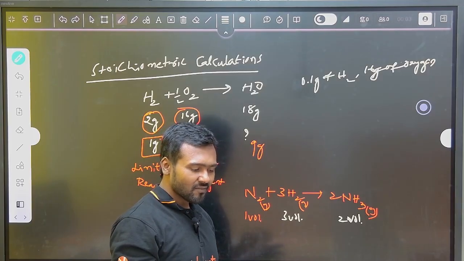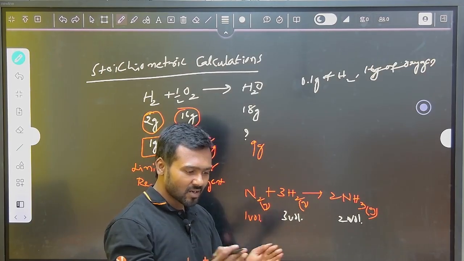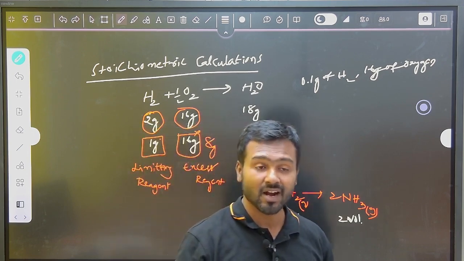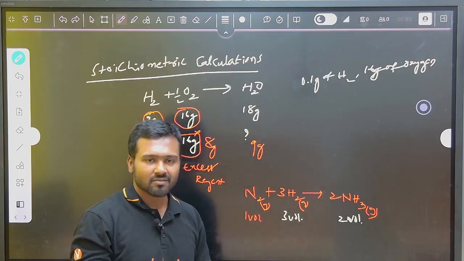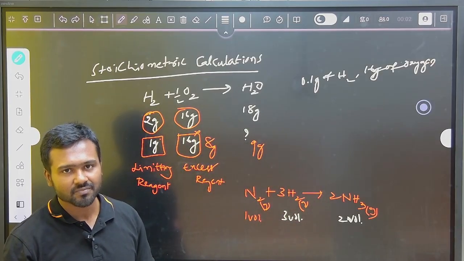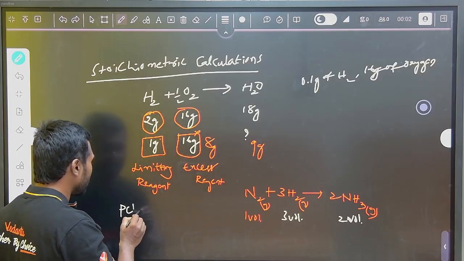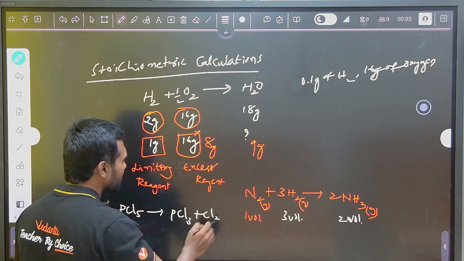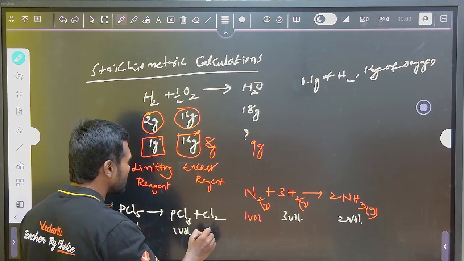That means when the reactants react and form the products, volume contraction happened, the volume decreased. If expansion happens then the volume increases, and if contraction happens the volume decreases. Let's take one more example: PCl5 gives PCl3 plus Cl2. Here this is one volume, this is one volume, and this is one volume.